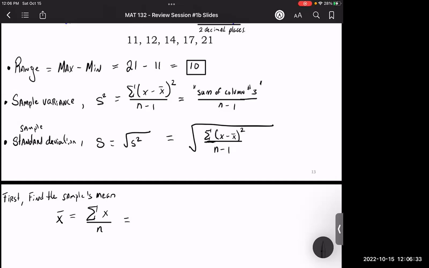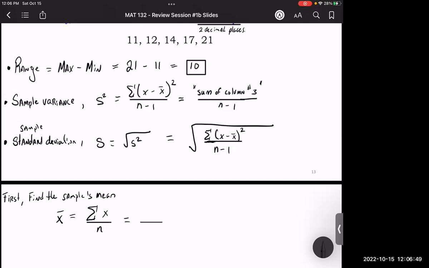So you take 11 plus 12 plus 14 plus 17 plus 21, and you get some answer, then divide by the total number of data values.